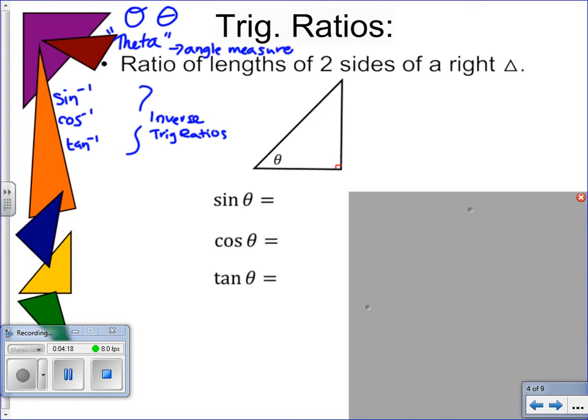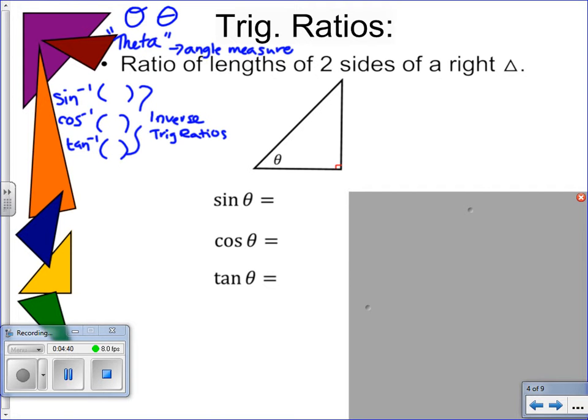Instead of putting in an angle and getting out a ratio, you're actually putting in a ratio behind the sine, the cosine, and the tangent, and then your answer is the angle. We will study the inverse trig ratios, but it will be later on in our chapter.